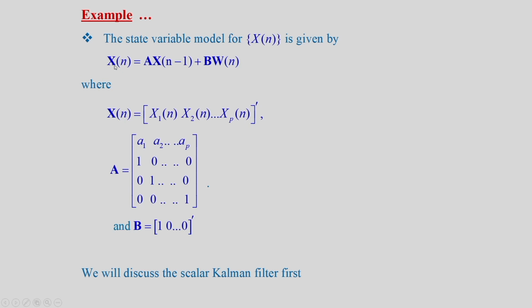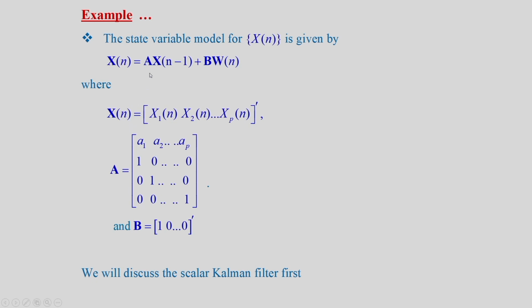So, that way we can write now xn is equal to A times x of n minus 1 plus b times wn, where b is a column vector with first element as 1, because there is only one wn term in the AR(p) model.